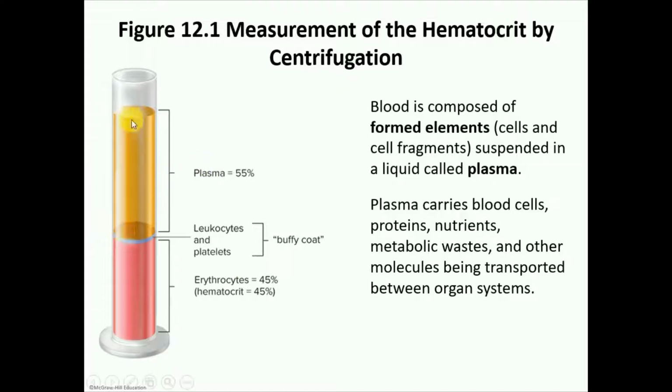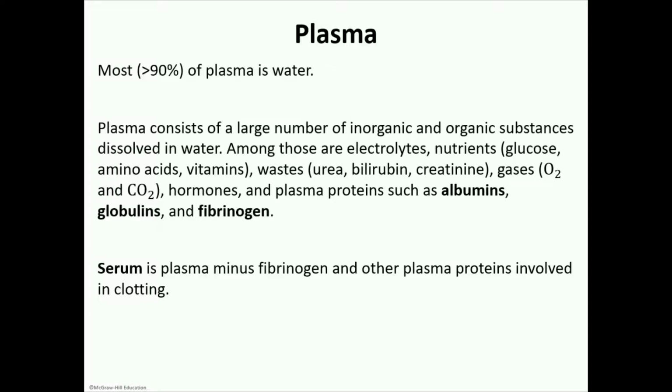And then you've got about 55% made out of plasma, and plasma is basically water that is full of everything: plasma proteins, hormones, vitamins, ions, metabolic waste, and a whole bunch of other stuff that we'll talk about. And then in the middle, you have this little buffy coat, which is whitish, made out of white blood cells and platelets. So that is the breakdown of what blood is made out of.